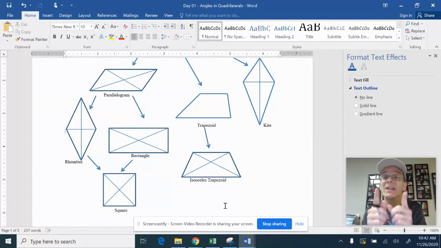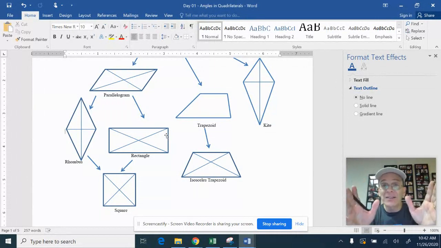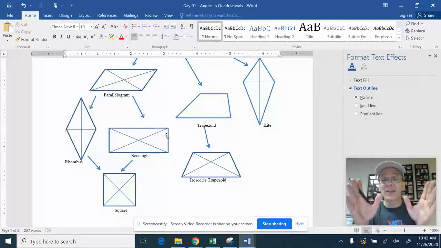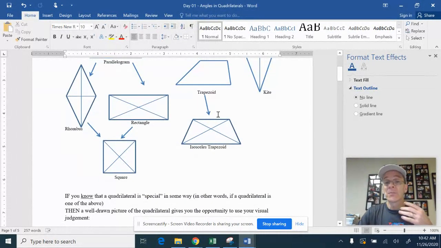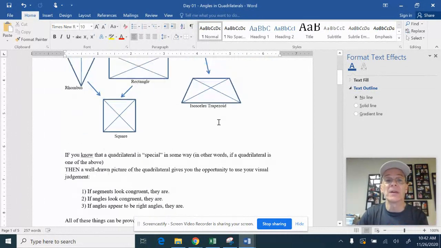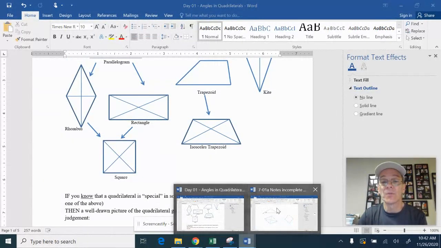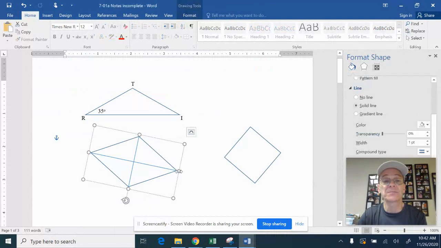But if I tell you it's a parallelogram, or if I tell you this quadrilateral is a rhombus, or any of these special named quadrilaterals, then there are lots of congruent things in a variety of places in those figures. And we can prove this, going back to my rhombus, for instance.